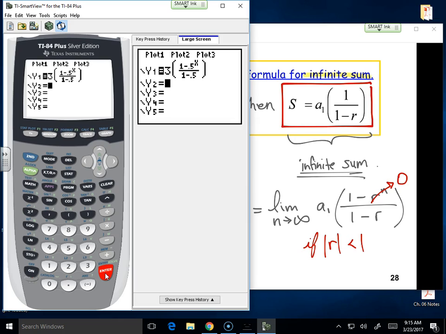This is approaching 0. A limit is a mathematical tool that says, as n increases, think about what's happening. As n increases, little baby r's raised to higher powers get smaller and smaller. So we can say, in essence, what's going to happen at infinity that we can't get to, but we can approach. Take that out and just keep the rest.